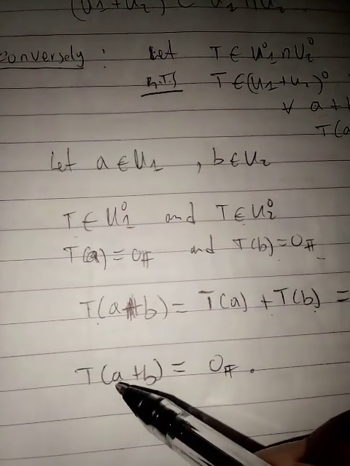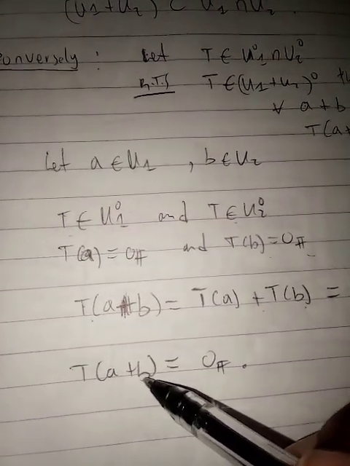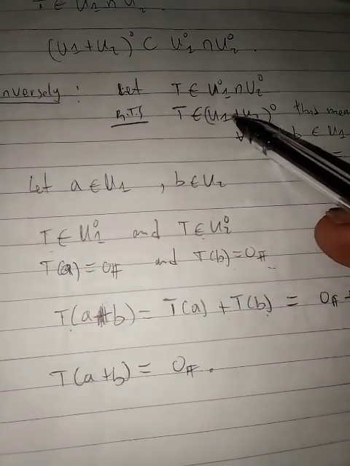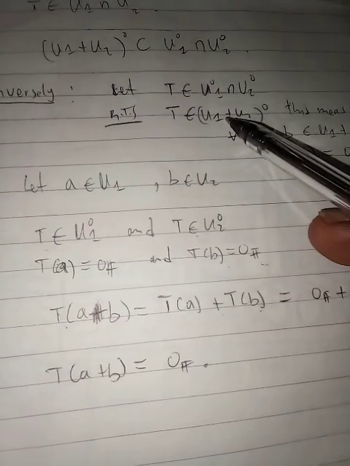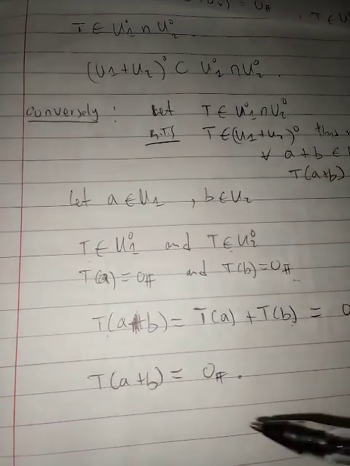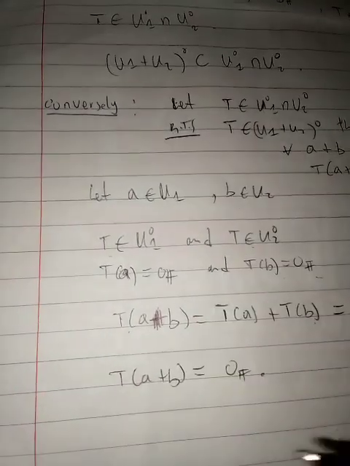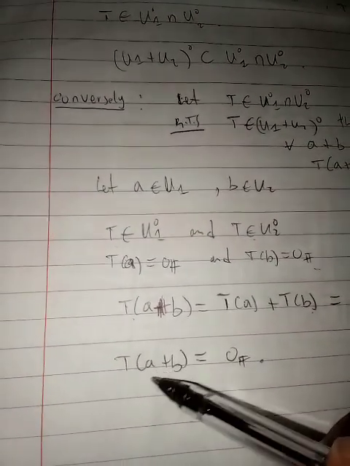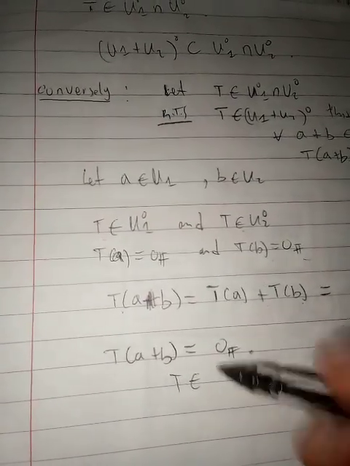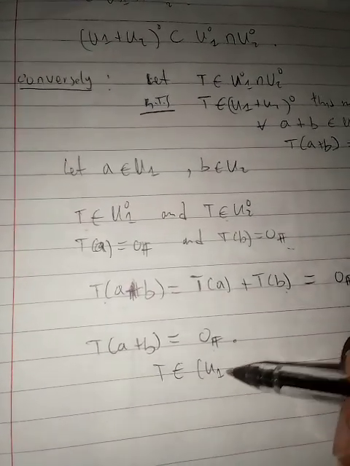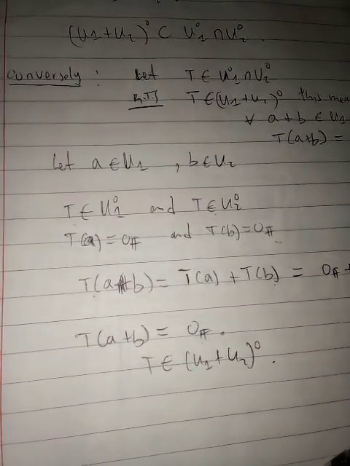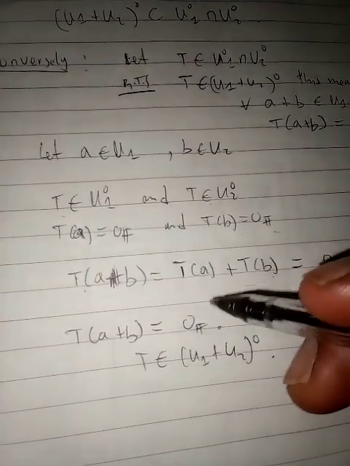We have that a plus b is an element of u1 plus u2, and they are arbitrary elements, and we are seeing that t maps them all to 0 of F. That means t is an element of the annihilator of u1 plus u2.